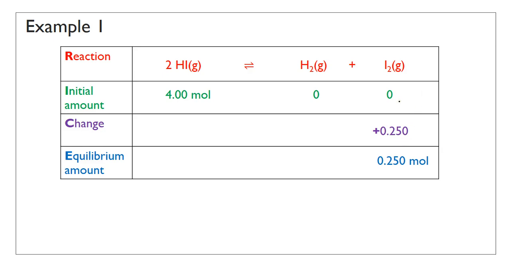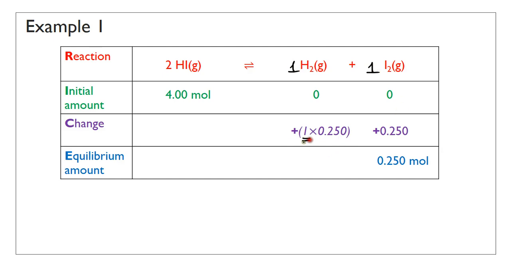And this is from the forward reaction. If I have produced 0.25 mole of iodine, I have to also produce 0.25 mole of hydrogen. The reason for this is because the mole ratio between hydrogen and iodine is 1:1.